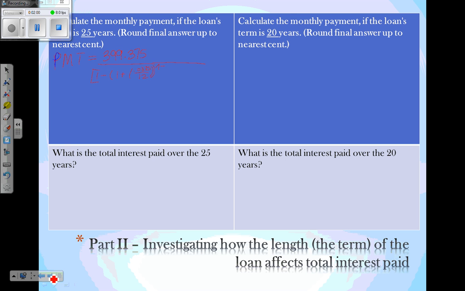So n is 12 and t, however, is 25. So the only thing you're changing is this 25 right here. It was a 30, now it's a 25. So in my head, when I multiply 12 times 25, I get 300. So my exponent is now a negative 300.